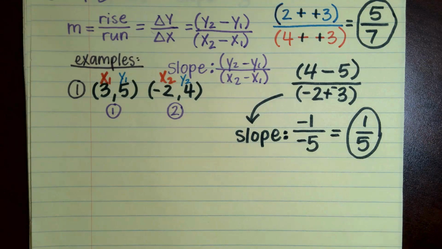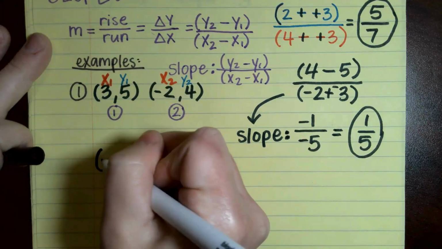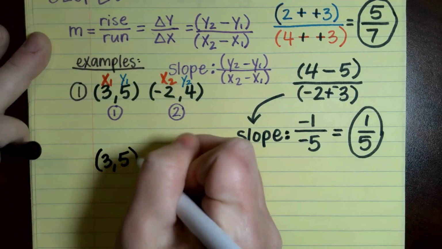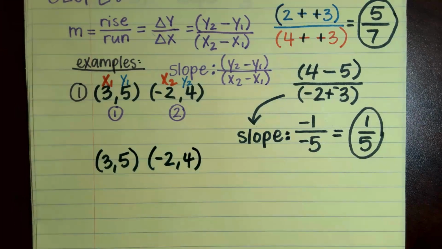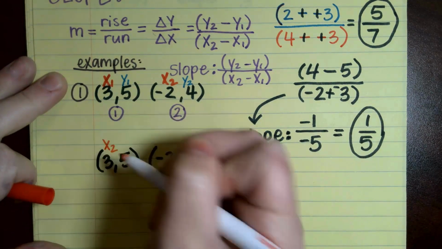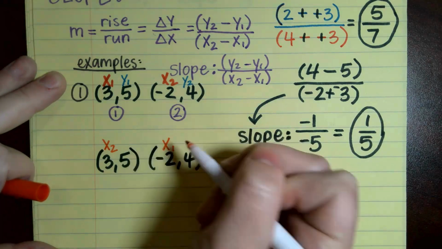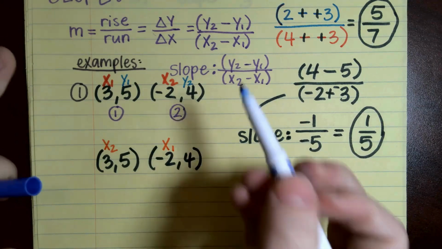Now let's show the other way that we could do this. Let's use the same numbers. We have 3, 5, and -2, 4. What if I wanted to make this my x2 and this my x1? So I'm just going to switch them. I'll show you that it works both ways.